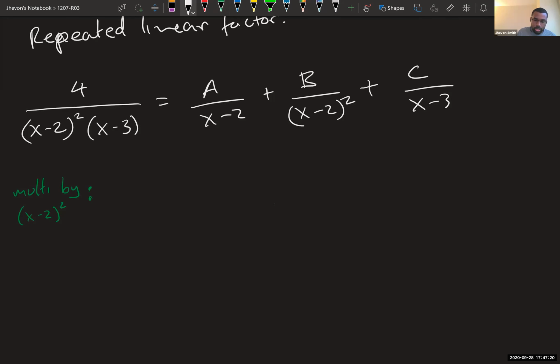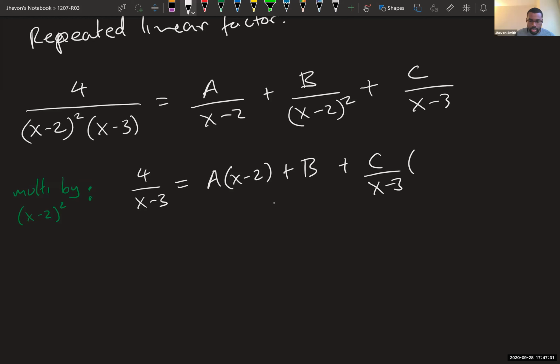Then that's going to leave me with 4 over x minus 3 equals a times x minus 2 plus b plus c over x minus 3 times x minus 2 squared. Now if I plug in x equals 2, notice that everyone gets wiped out except the guy that had the x minus 2 to the highest power in the first place.